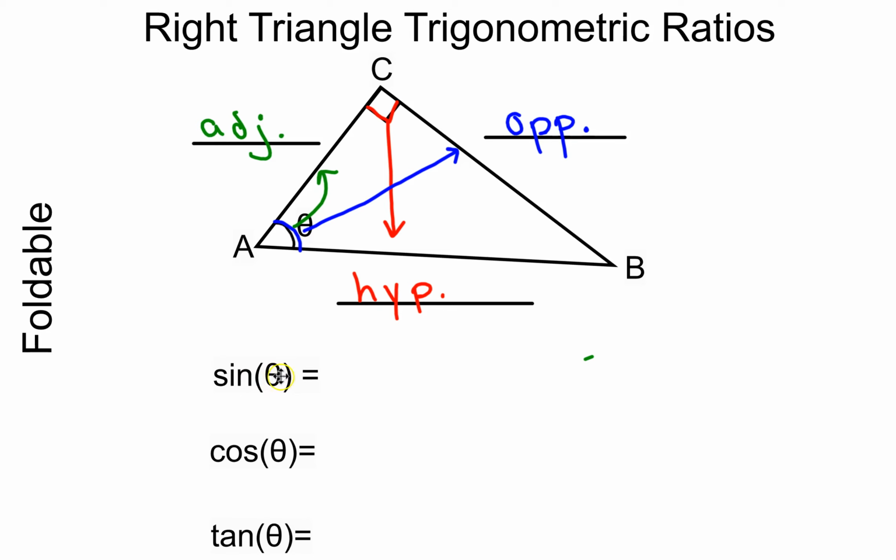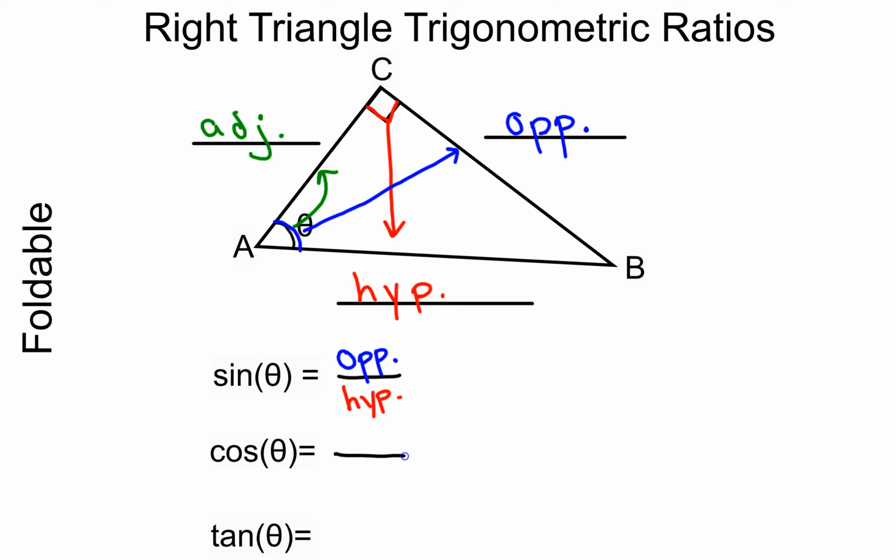So the sine of theta is going to be equal to the ratio of the opposite side over the hypotenuse. So it's going to be opposite over hypotenuse. That's our first ratio, for the sine function.